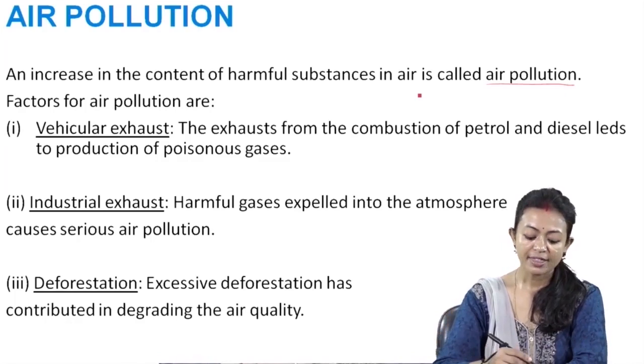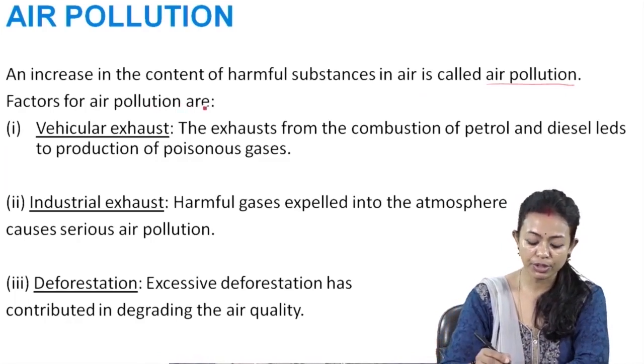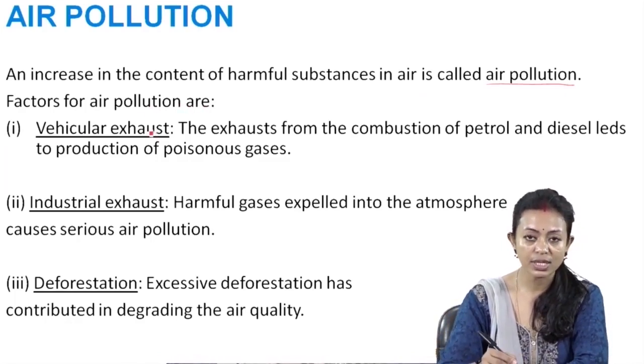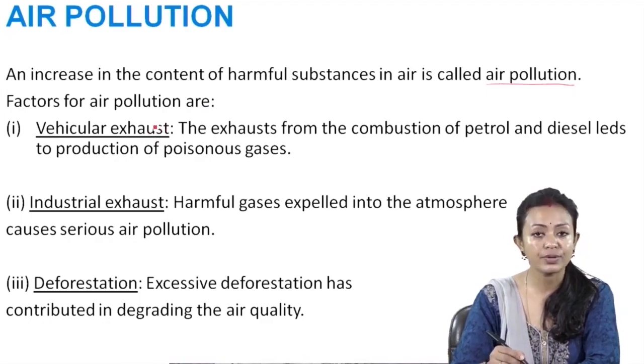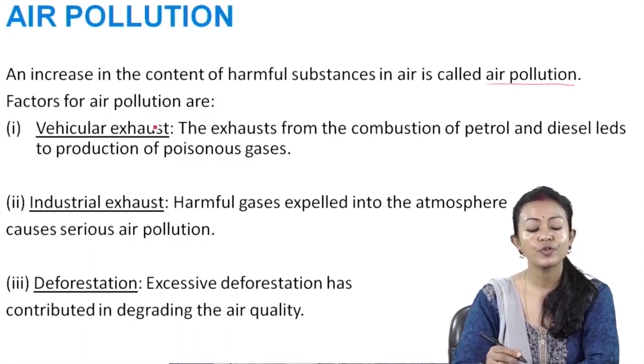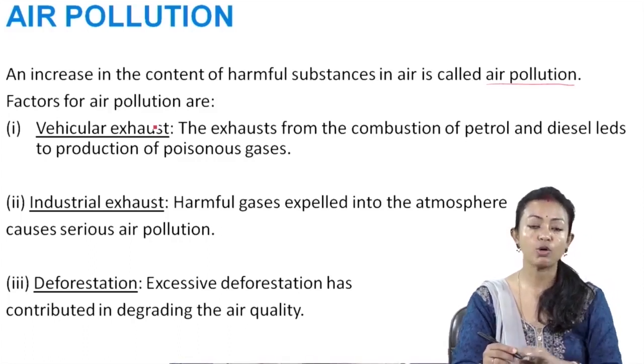The factors responsible for air pollution are, first, vehicular exhaust. Vehicular exhaust means the petrol, diesel or CNG used to run vehicles results in a combustion reaction, and a lot of byproducts are produced along with heat.